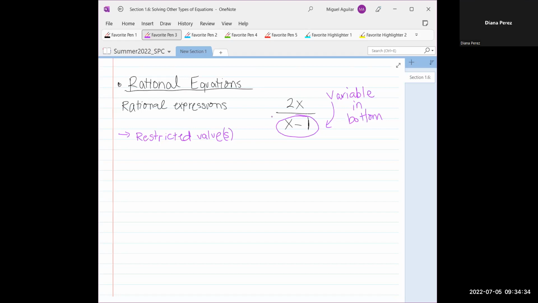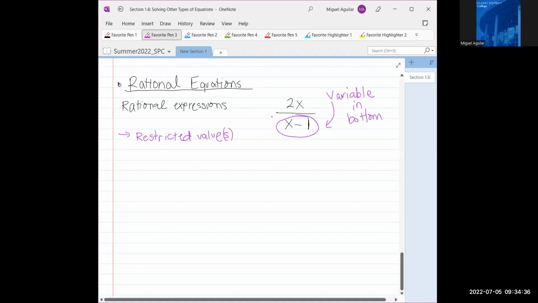1. Okay, but you don't want to just look at it and eyeball it every time, because the denominator could be more complicated, right? We saw some quadratic denominators in the past. So what you should do is just set the denominator equal to 0 and then solve that equation, and that will tell you what the restrictions are. So if we needed to solve this equation, we just add 1 to both sides. x is equal to 1, and that's how we know what our restriction values are.